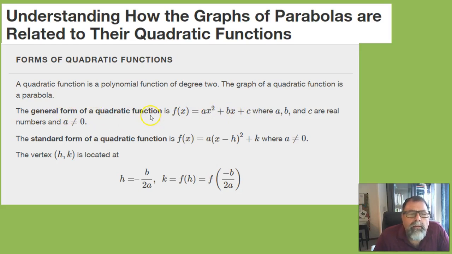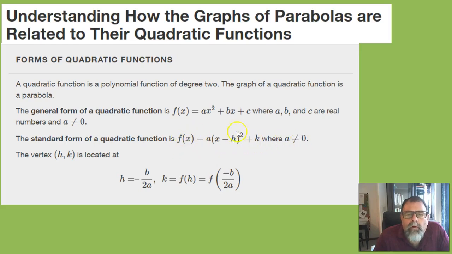But in this book, they're calling this the general form, where a, b, and c are real numbers. And then the standard form of a quadratic function is written f of x equals a times the quantity x minus h squared, plus k, where a is not equal to 0.